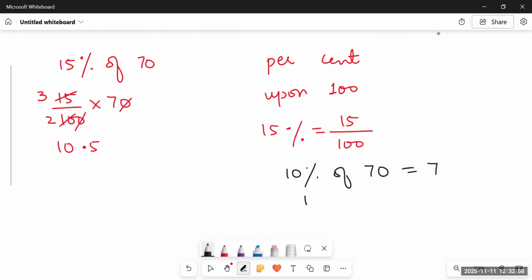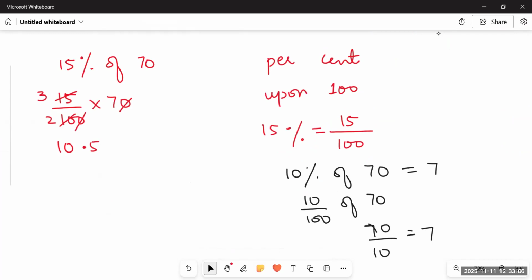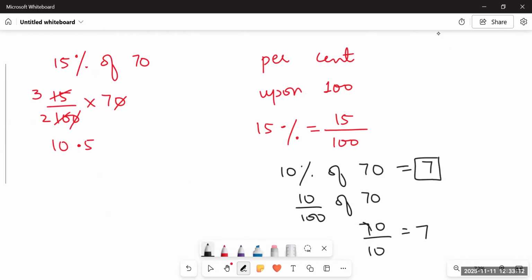Because 10 upon 100 of 70 is actually 70 upon 10, that's 7. So if 10% of 70 is 7, for calculating 15%, I need 5 more percent. Half of 10 is 5 and half of 7 is 3.5. So 5% of 70 is 3.5, and together 7 and 3.5 equal 10.5.